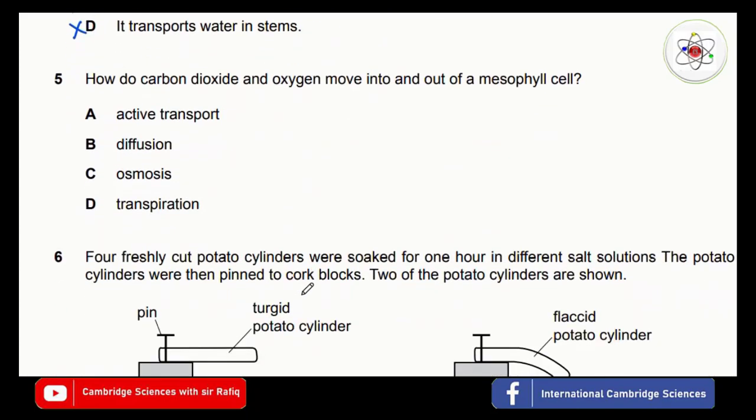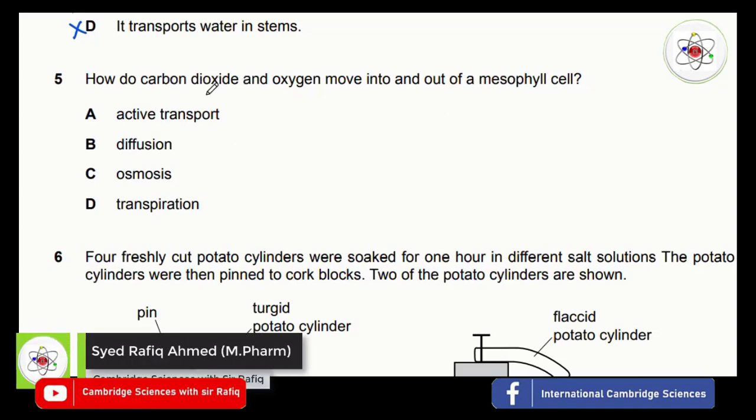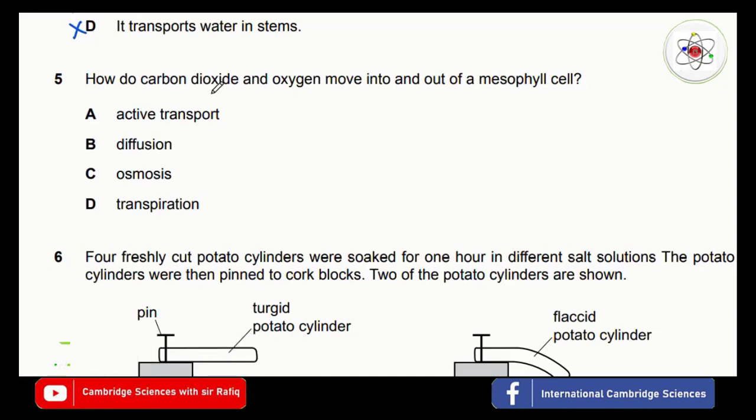So moving on to the next question: how do carbon dioxide and oxygen move into and out of a mesophyll cell? As you know, gases spread, moving from regions of higher concentration to lower concentration. So this looks like diffusion, because carbon dioxide particles move from air into the leaf.